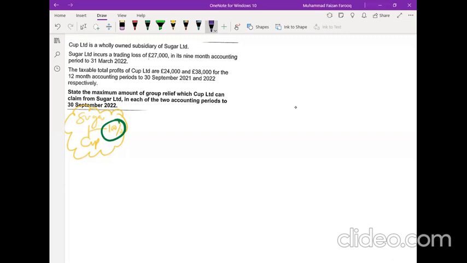Cup Limited has profits, right? So Cup Limited can accept the maximum group relief which we are going to calculate. The problem is Cup Limited has an accounting year and Sugar Limited has an accounting period. You can see the loss is for the period of 9 months to 31st March 22.